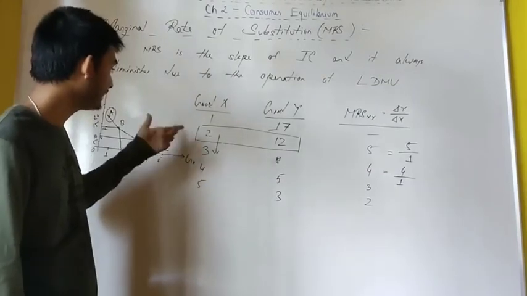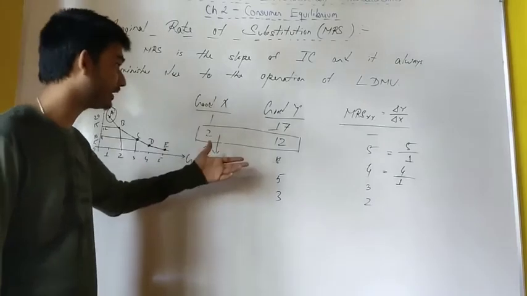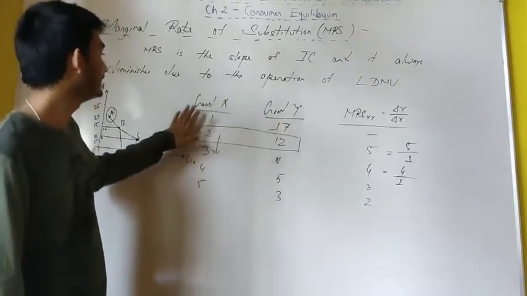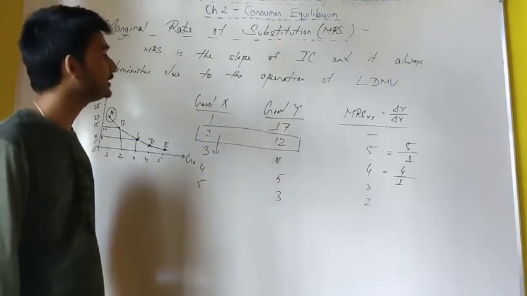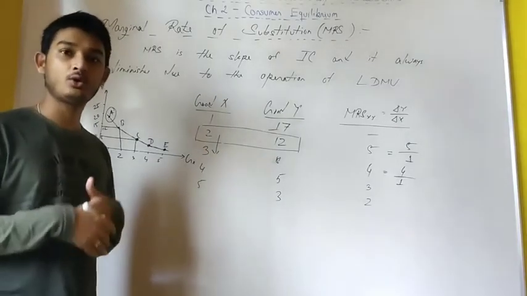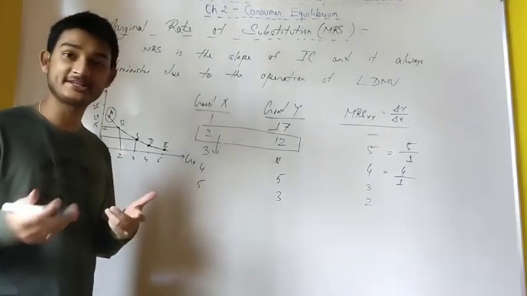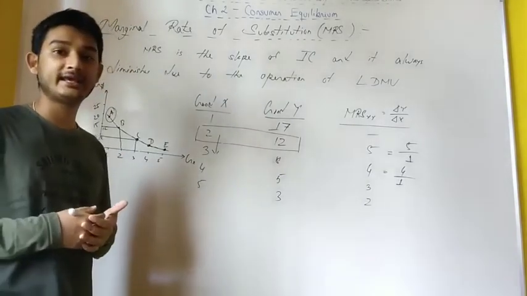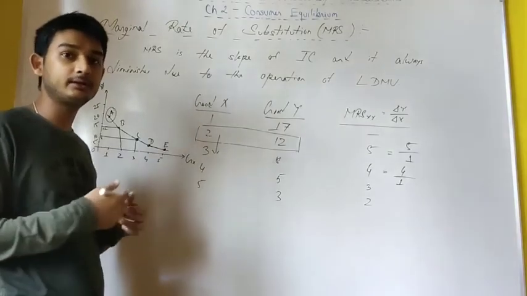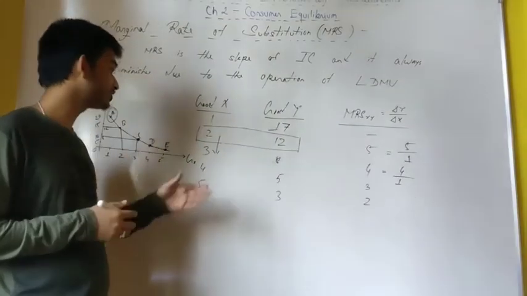Now, when he consumed 2 units to 3 units, one more extra, he faced a diminishing marginal utility of good X, because he is consuming one more extra unit of good X, and as a result the marginal utility gained from the additional unit got diminished.